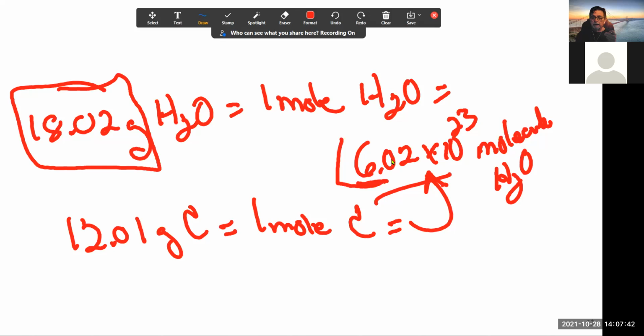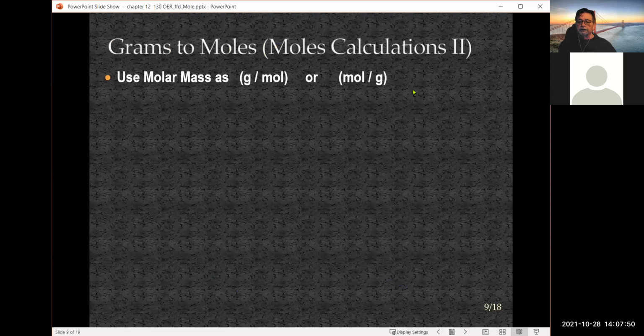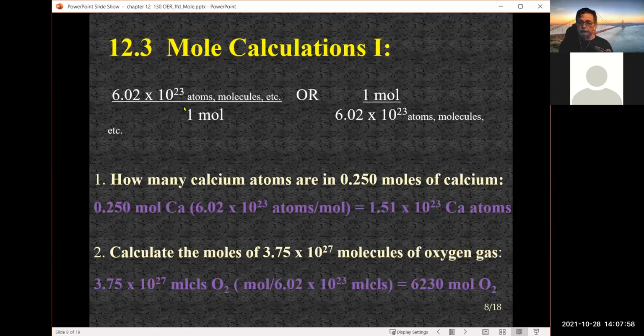All right. So right now we started off with moles, but now we're going to do calculating into grams. Okay, grams to moles. We went from moles to molecules here. We started in moles and we actually counted how many atoms or molecules we have.